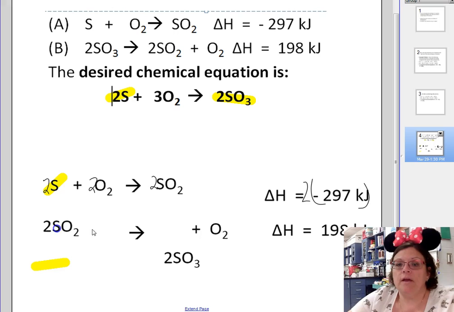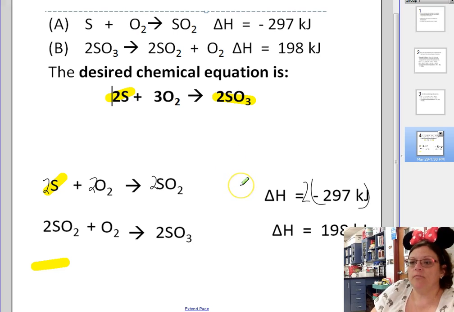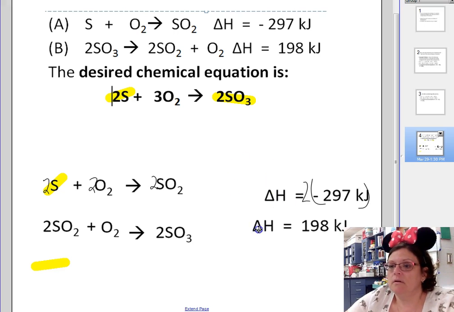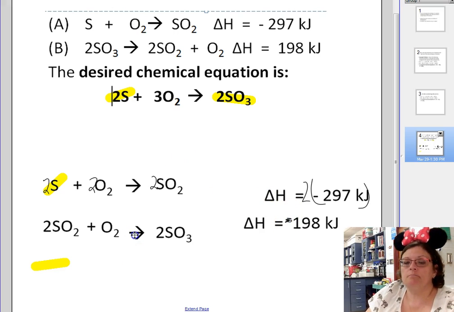So we're going to flip our equation. What do I have to do, though, if I'm going to flip that equation? This needs to become negative. Okay? So I can bring this back.